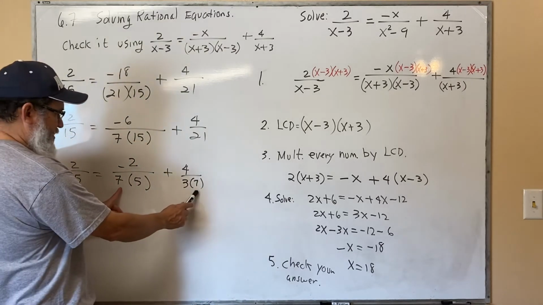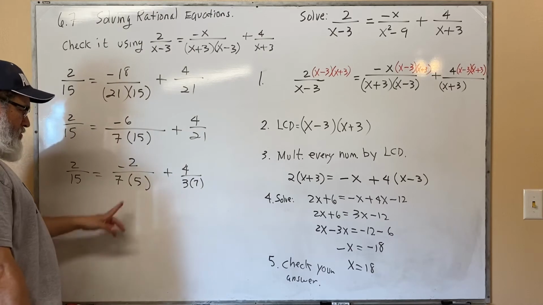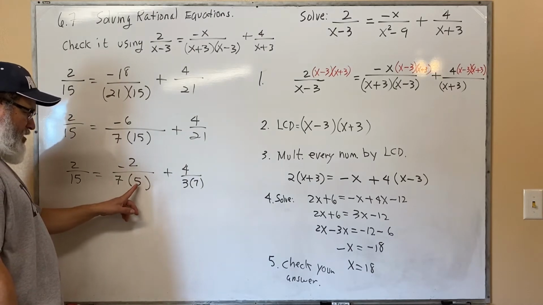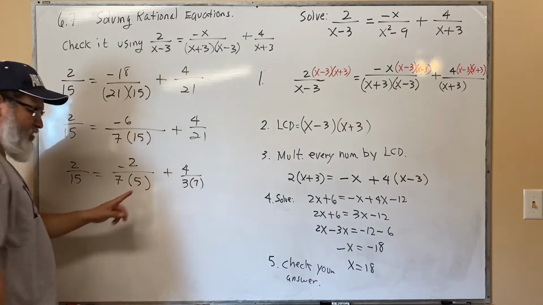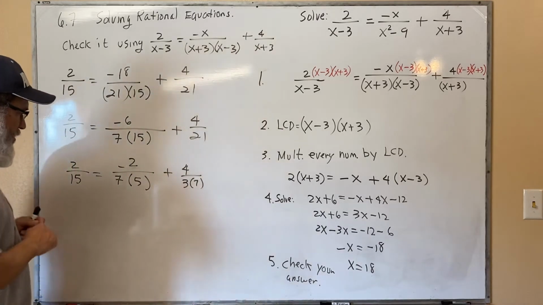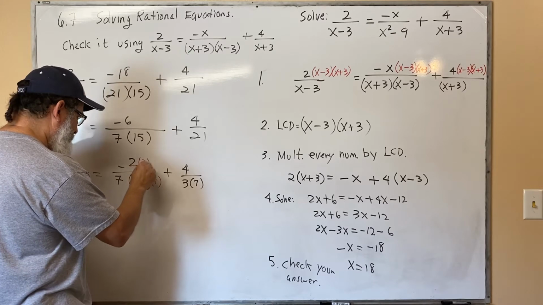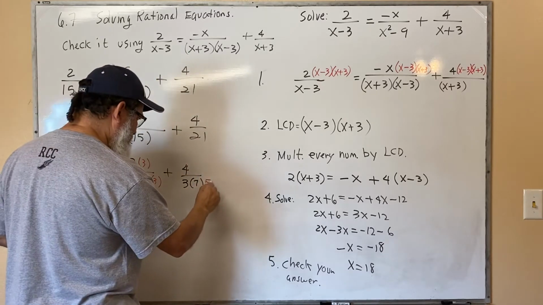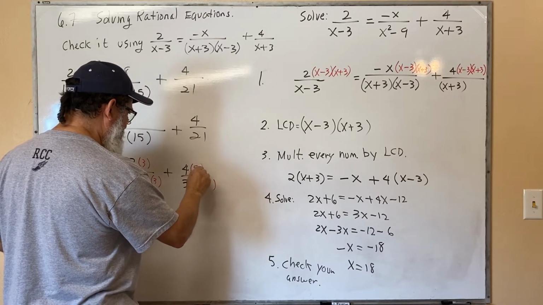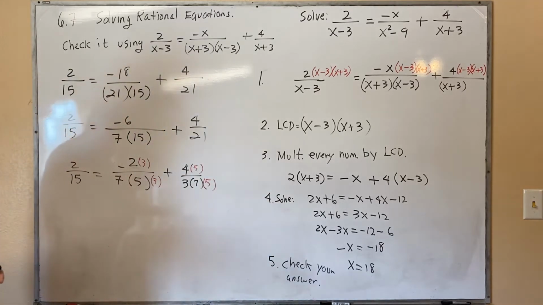They both have a 7. Okay, this needs a 5 and this needs a 3. That's what I'm gonna do. Multiply this by 3, by 3, by 5, by 5. Okay.